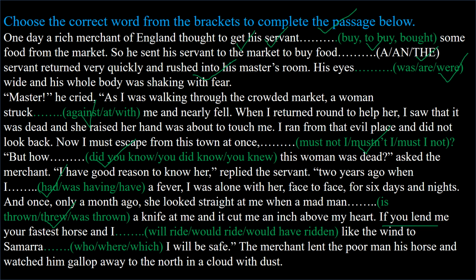So if you lend me your fastest horse, I will ride. This is the conditional clause. So we should use I will ride like the wind to Samara. Samara is a place name, and for the place name we should use where. Samara, where I will be safe.